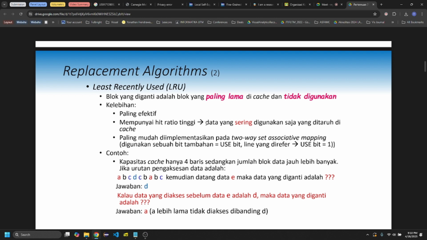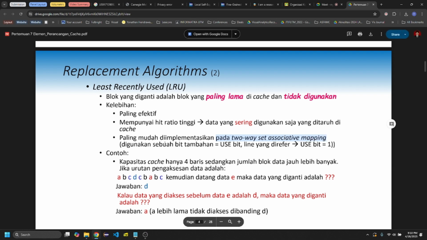Data that is not recently used will be replaced. It is also the easiest to implement in two-way set associative mapping.